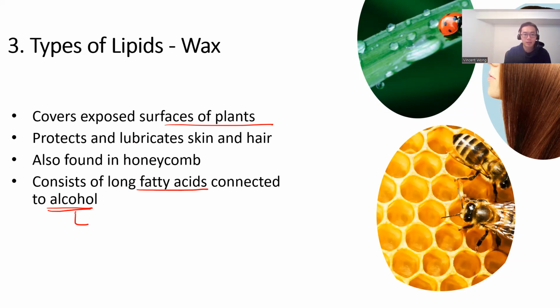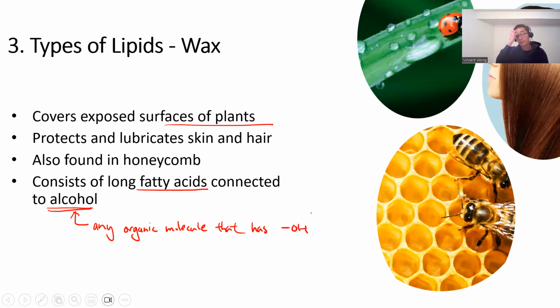In chemistry or biology, alcohol is any organic molecule that has OH on it, okay? That's what makes it an alcohol. So a wax is basically fatty acids with some alcohol connected to it.